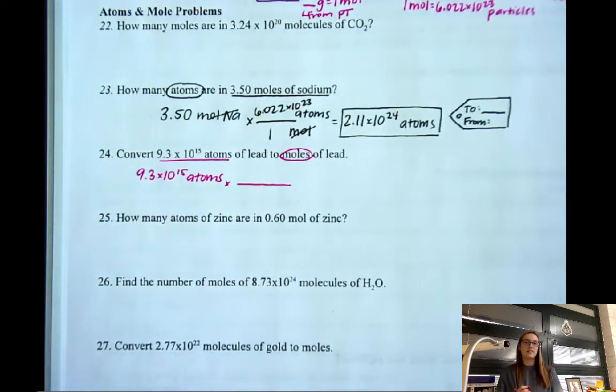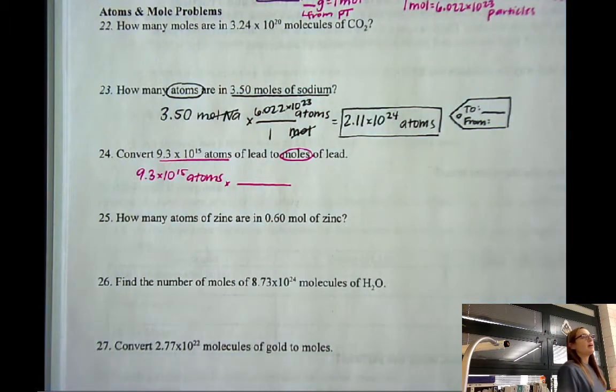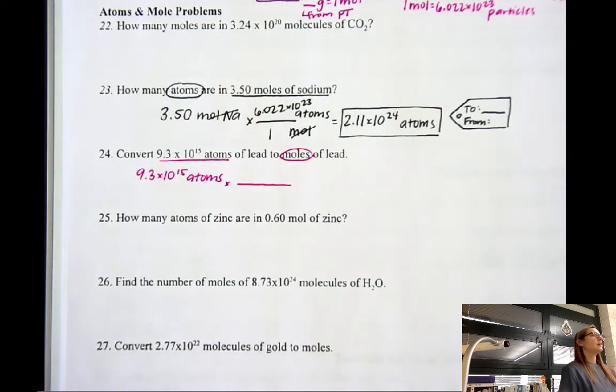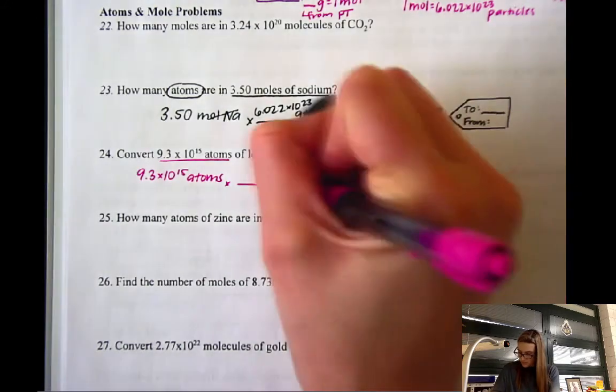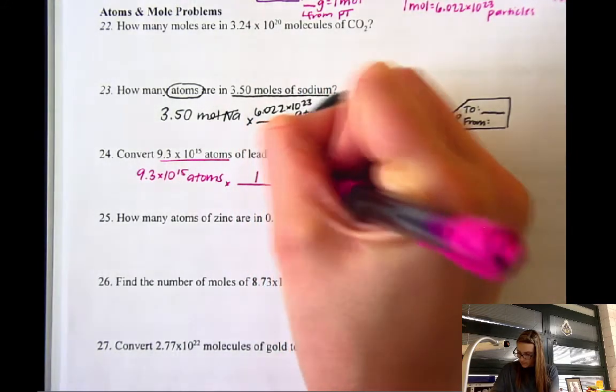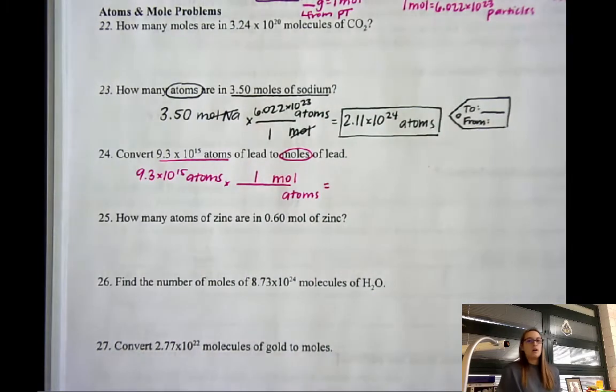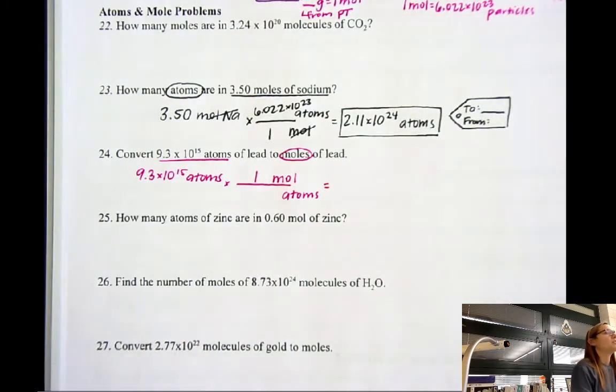So your conversion factor in 24 might look a little bit different than 23 because of the units and how you need to cancel them. Because you're starting with atoms, atoms need to cancel, which means atoms is on the bottom and moles is what you're going to, that's on the top.